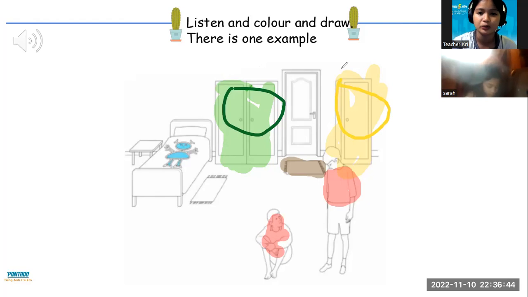Okay, next is we're going to draw a lamp on the small table. Okay, so you did not draw a small lamp. Okay, next is you're going to color the t-shirt of the boy standing.